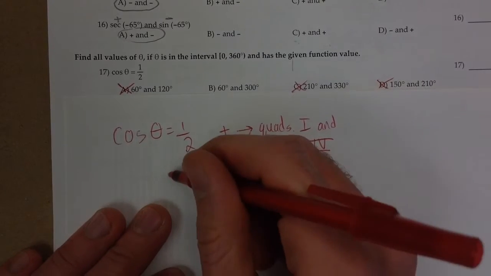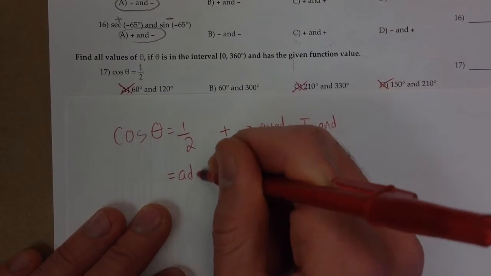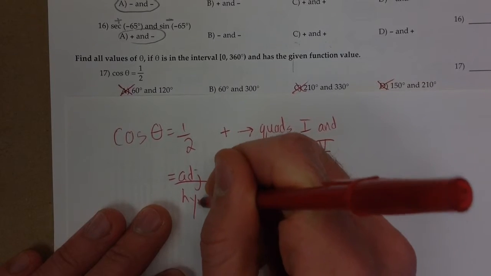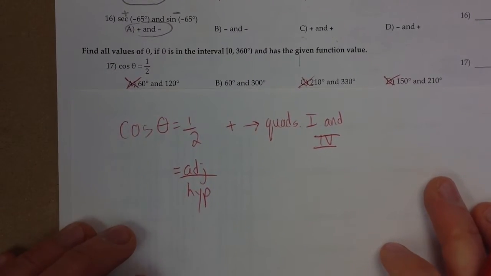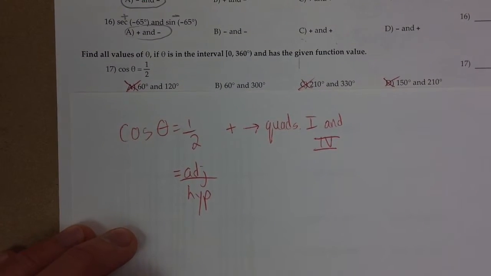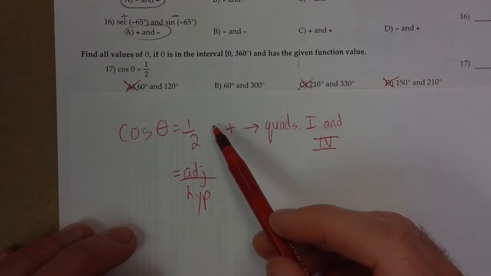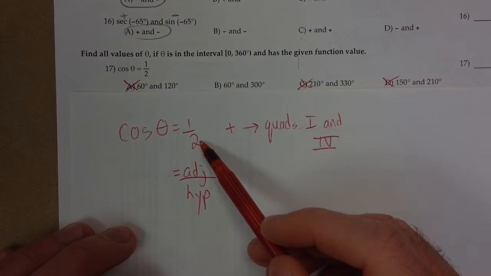You need to know that cosine is adjacent over hypotenuse. Please keep in mind that without the calculator, the reference angles are going to be either 30, 45, or 60. So you just need to ask yourself, when is the ratio of adjacent to hypotenuse 1 to 2?